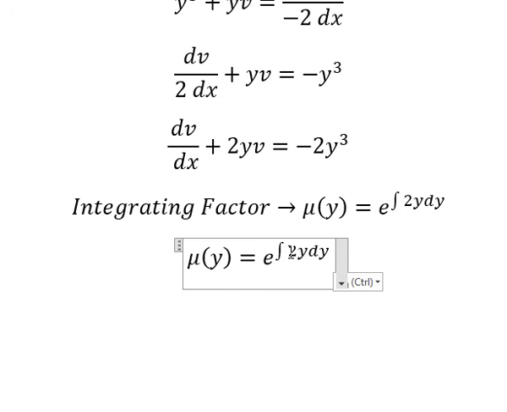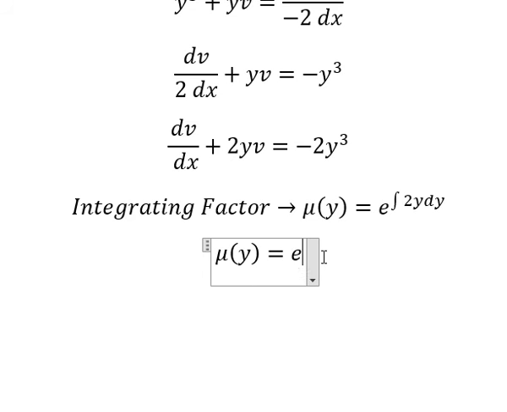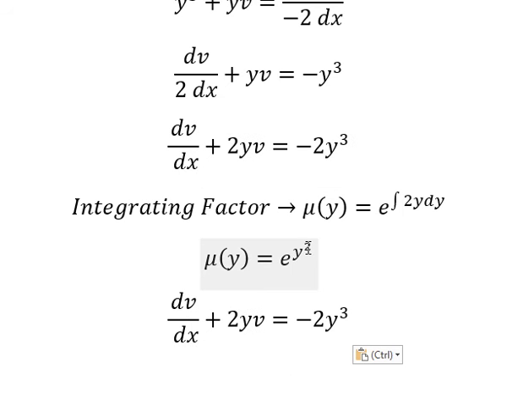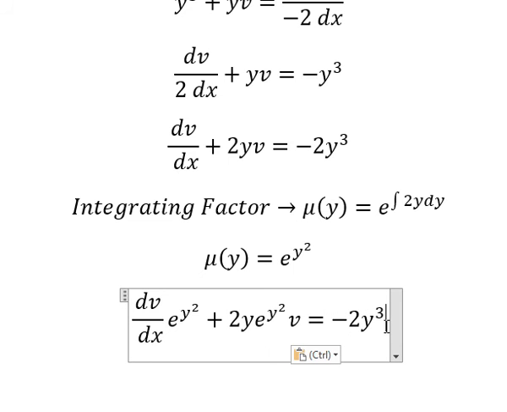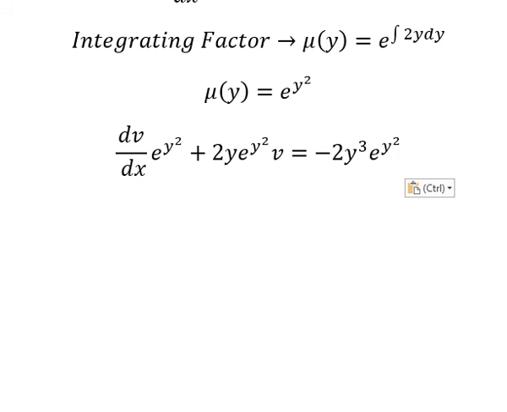The integration of 2y dy, you get e to the power of y squared. That means we need to multiply both sides by this one. Next, we need to put the integration for both sides.